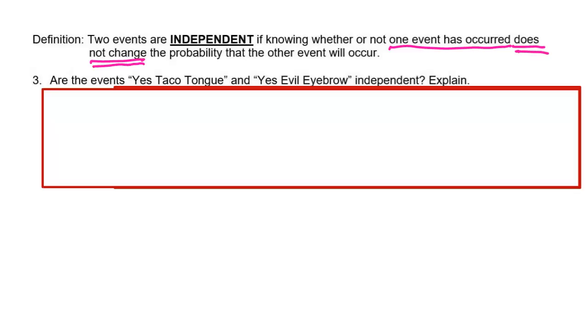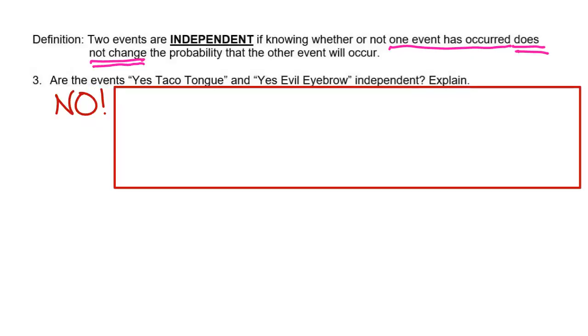Are yes taco tongue and yes evil eyebrow independent? No. Why are these not independent? The percents are different.